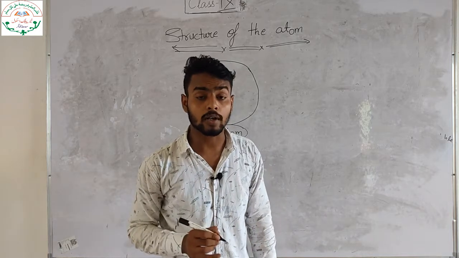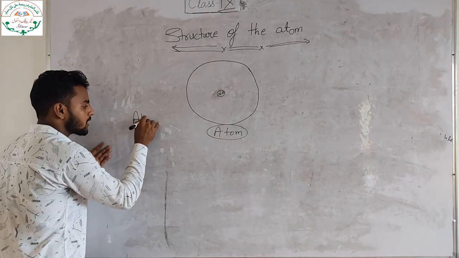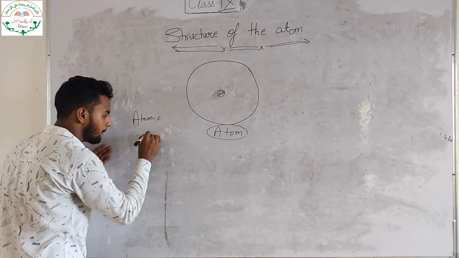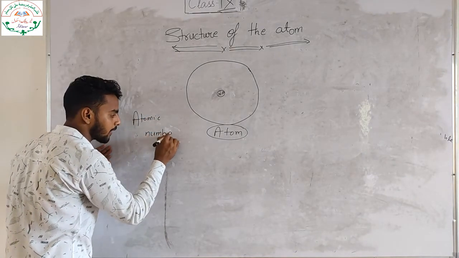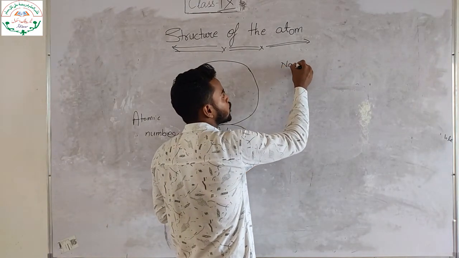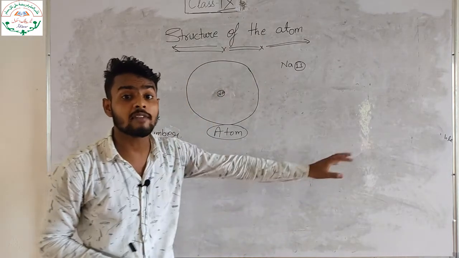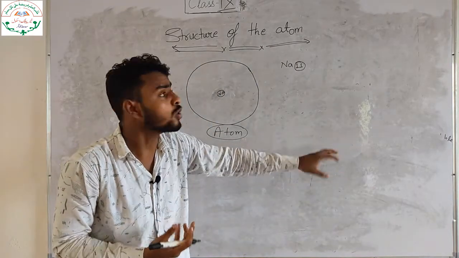Now we are going to know the atomic number. What is atomic number? If we take sodium, the atomic number of sodium is 11. How can we know that?